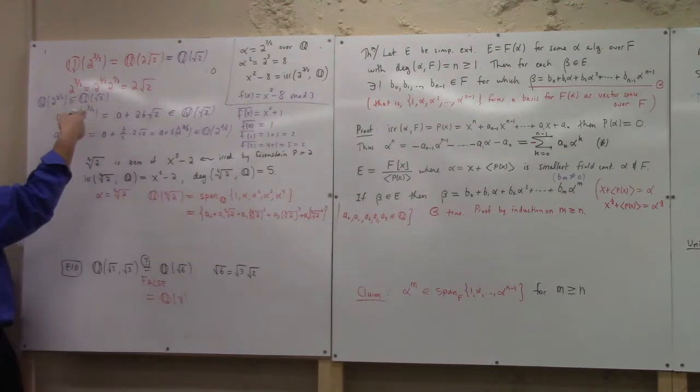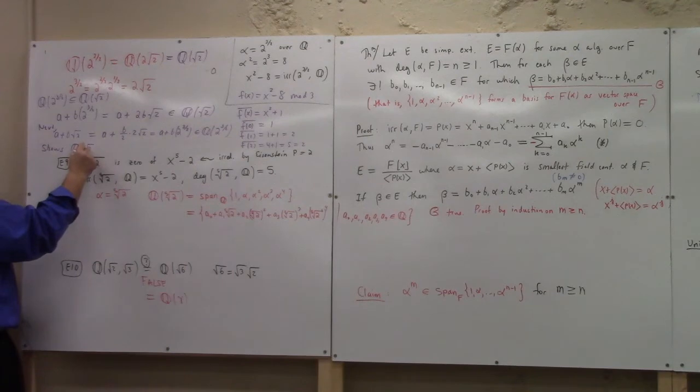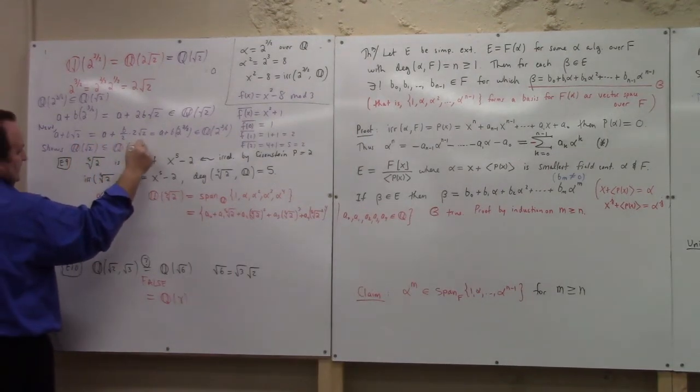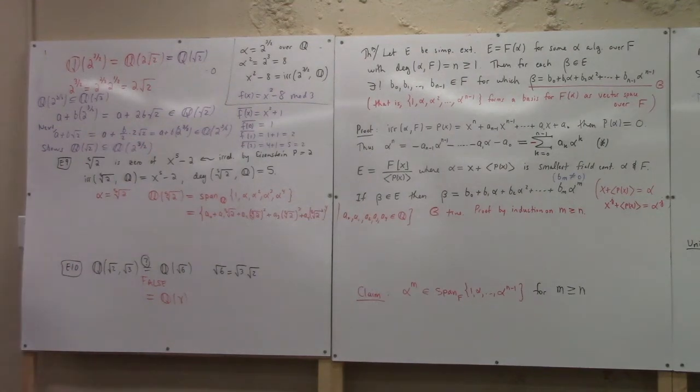And then this shows that Q adjoin the square root of 2 is a subset of Q adjoin 2 to the 3 halves. So they're equal, right?